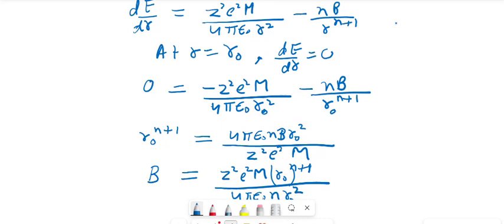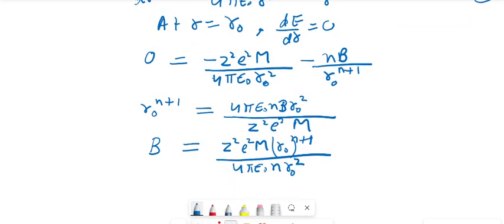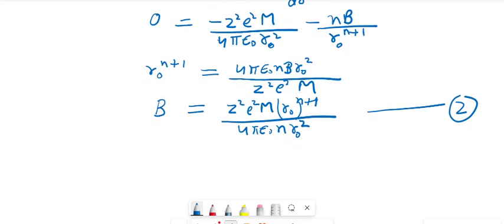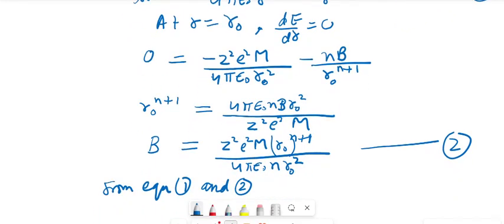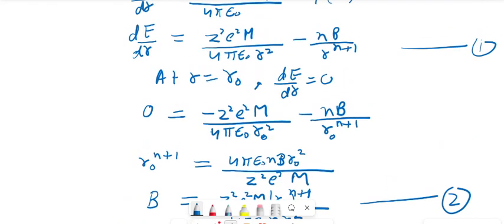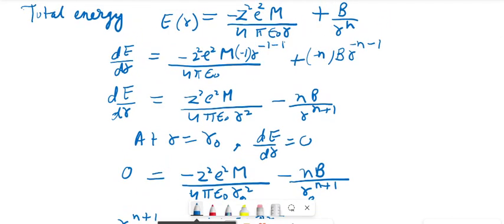Now this is equation number 1 and this is equation number 2. From equations 1 and 2, putting the value of B. We will put this value in the earlier equation, E R is equal to, this is 1.